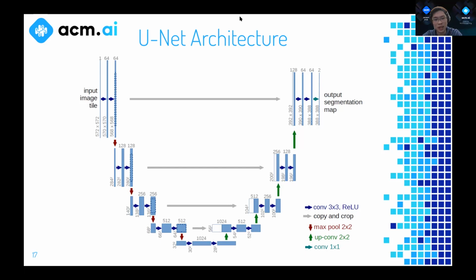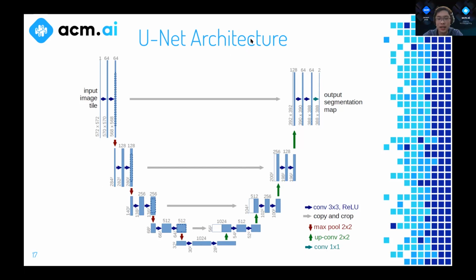Whereas with semantic segmentation, we're trying to determine exactly which pixels correspond to a cat or which pixels correspond to a dog in the image. So it makes sense that we want our output to have the same resolution as our input. That's why we have to upsample after we downsample at the beginning.